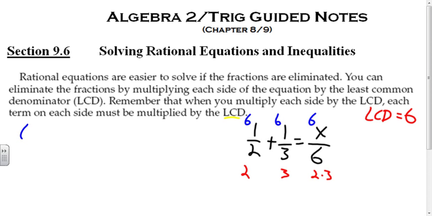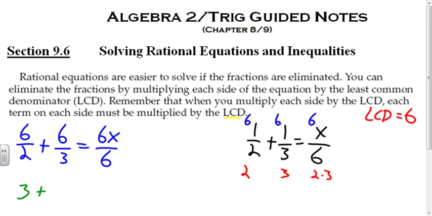So we're left in the end with 6 times 1 is 6 over 2, plus 6 times 1 is 6 over 3, equals 6 times x is 6x over 6. Now at this point, we can just divide everything through, or essentially cancel them out. So 6 divided by 2 is 3, 6 divided by 3 is 2, and 6x divided by 6 is just x.